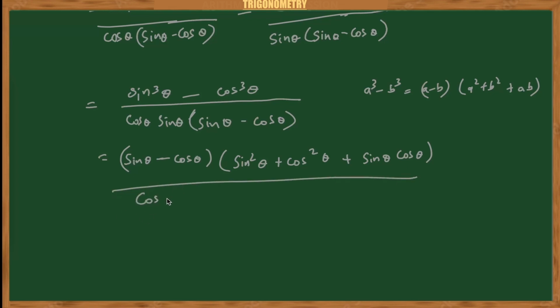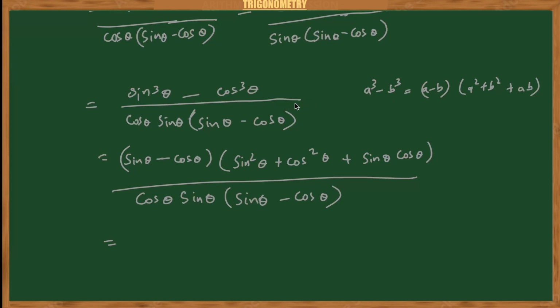Let's put our LCM, sine theta denominator here: sine theta into sine theta minus cos theta. So we went to this format to solve it further, so that we can get to the next step. Otherwise we need to move on.